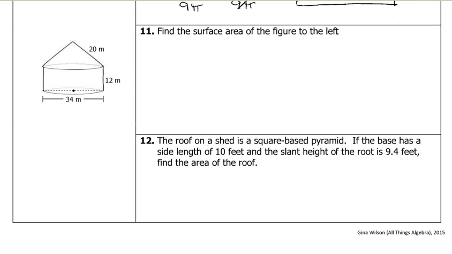The roof on a shed, so what is it? It's a shed. It's a square base pyramid. So how do I do a square base pyramid? Right? It's a roof. Now, in real life, what do you know about roofs?